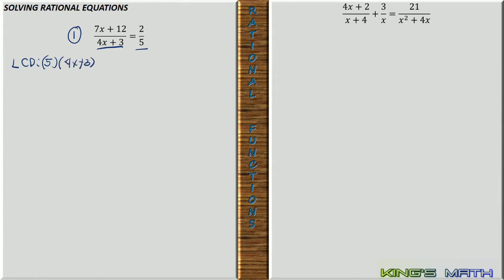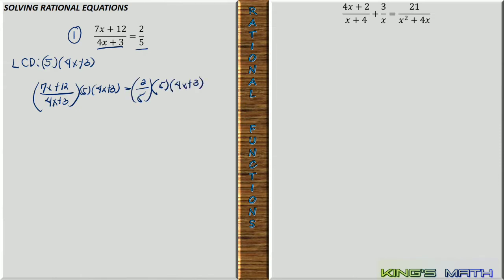After determining the LCD, we're going to multiply it to both sides of the equation. We're going to have 7x plus 12 all over 4x plus 3 times 5 times 4x plus 3 equals 2/5 times 5 times 4x plus 3.